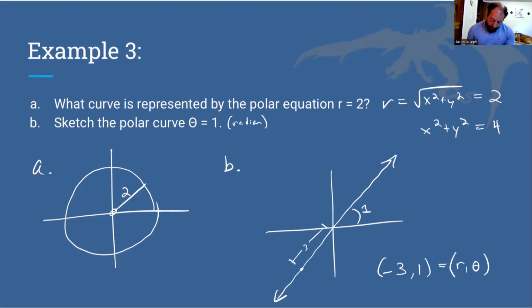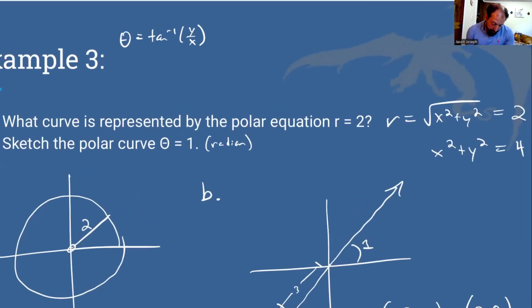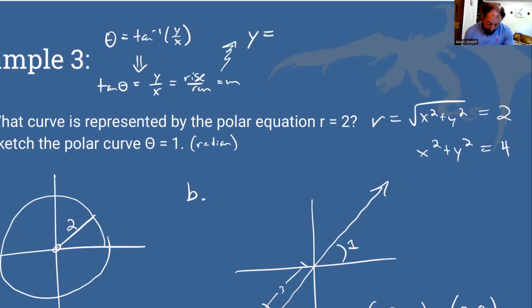And getting back to that formula we had, that theta is inverse tangent of y over x, there's a nice way to find an equation for that line very quickly. So this means that tangent of theta equals y over x. Y over x, that's my rise over run for my line, my slope, right? So that would mean that the equation for that line, because it's definitely going through the origin, is just y equals tangent of theta times x.